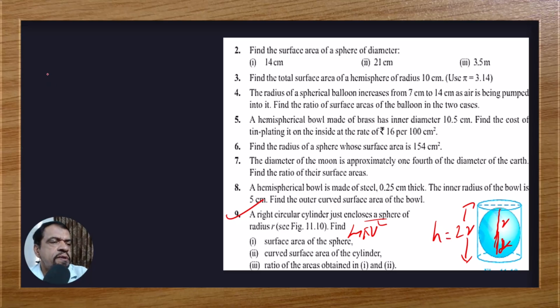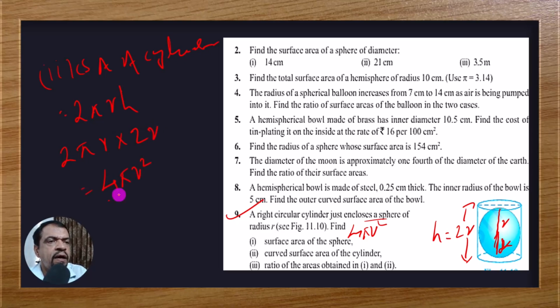So the curved surface area of cylinder, second part, 2 pi rh. 2 pi radius will be same, but instead of h we will write 2r. So this will be also 4 pi r square. Third part, ratio. Ratio means 4 pi r square, curved surface area of the sphere and curved surface area of the cylinder. So it will be 1:1.